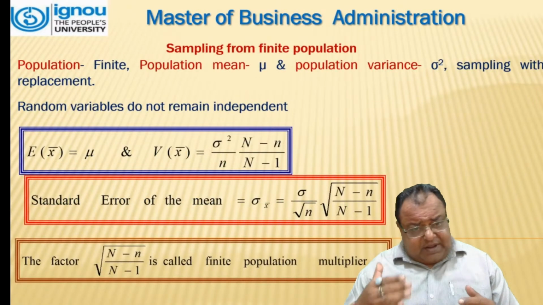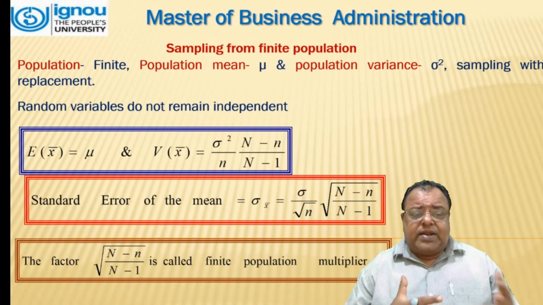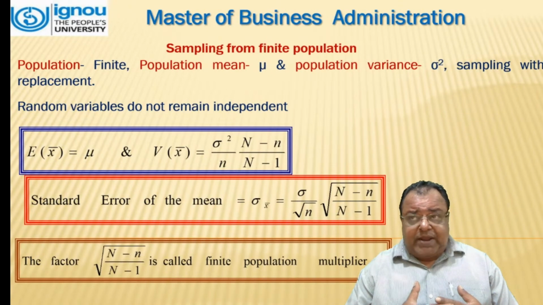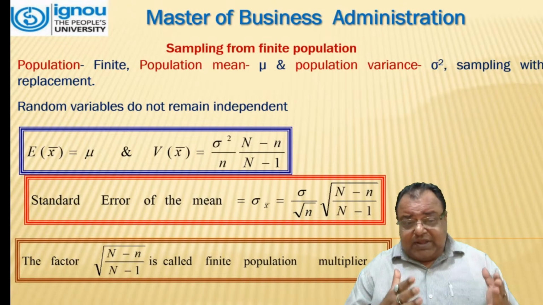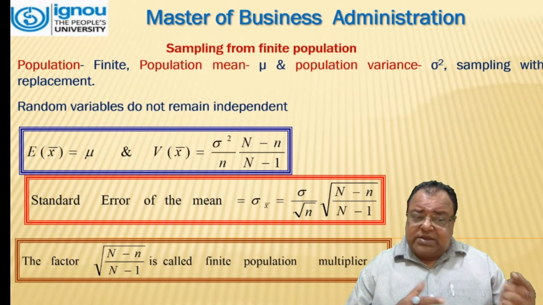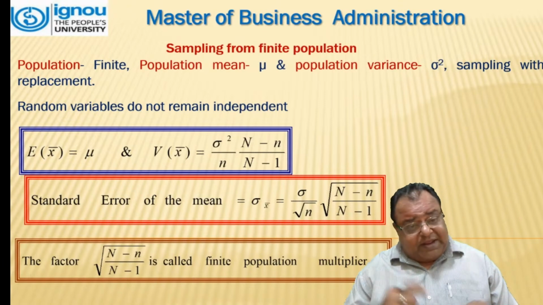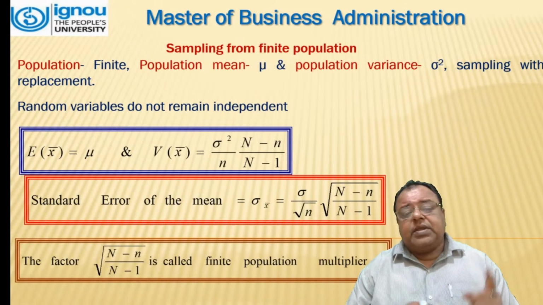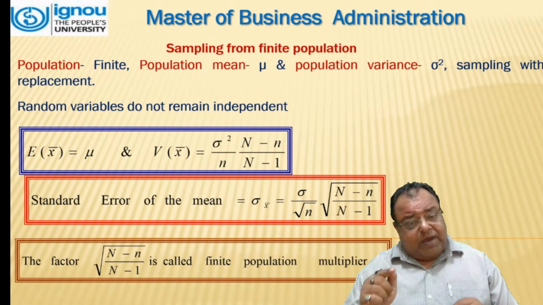If now the condition is different, where random variables do not remain independent, you see there is a change. E of x bar is equal to mu, that is the same, but the variance has changed. That is, V of x bar is equal to sigma square upon n into (N minus n) divided by (N minus 1).